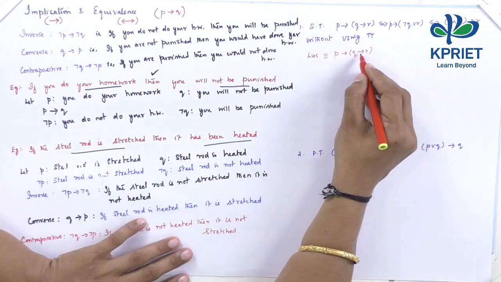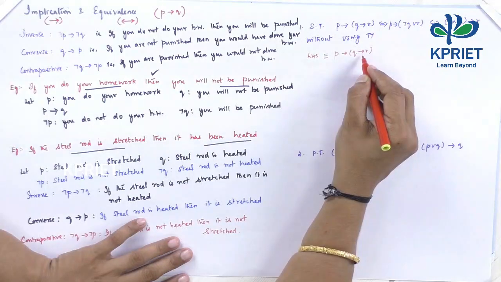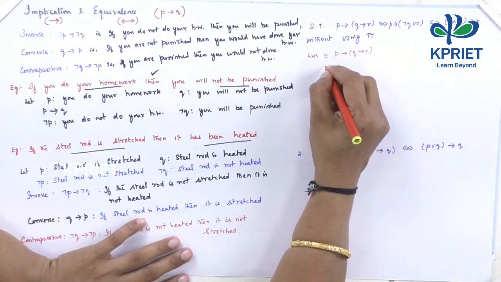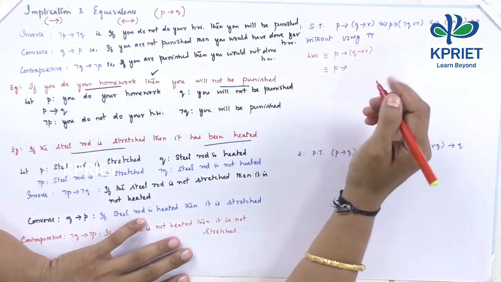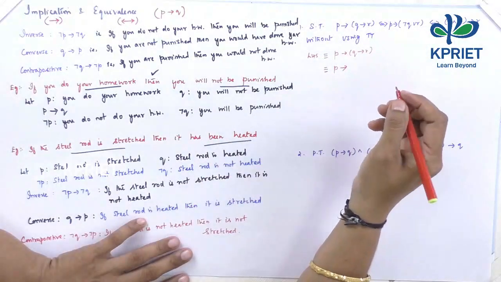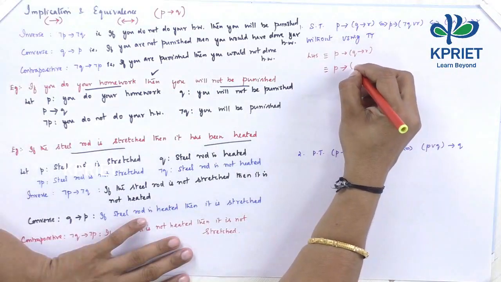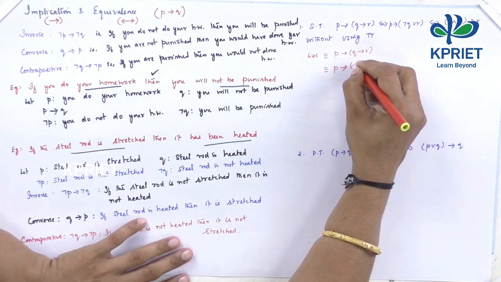If this conditional has to come as or, what law do I have to apply? That I have to think over. Whenever we have to replace our conditional by disjunction, the only suitable law is called conditional equivalence.